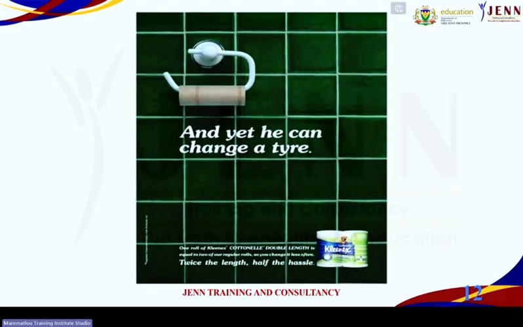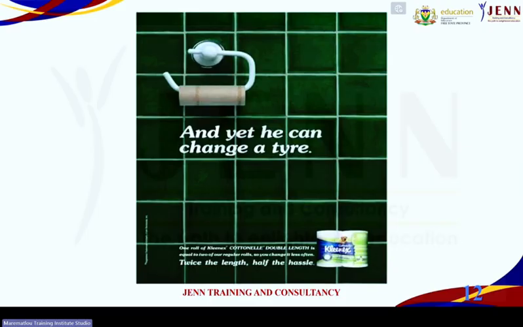Now, at the bottom of this advertisement, we see that the product being advertised is Kleenex, which is a tissues and toilet paper company. And they are using the stereotype of men being able to change a tire, which is a lot of hard work, and yet they cannot seem to remember, or it's too much of a hassle for them, to change the toilet paper roll.